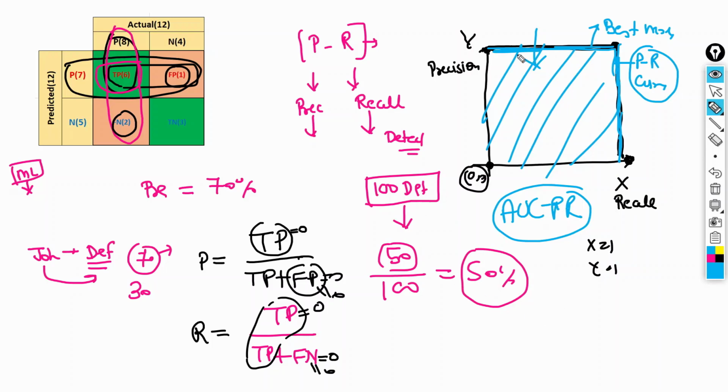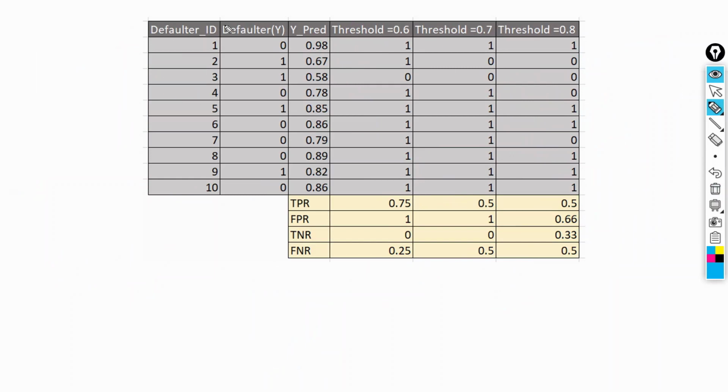Now the question comes, how do we draw the precision and recall curve? For that we use different threshold values, as I discussed in my ROC and AUC curve video. This is the input data, this is the output data. We create a model and predict the output. As you know, in logistic regression our output is in the form of probability.